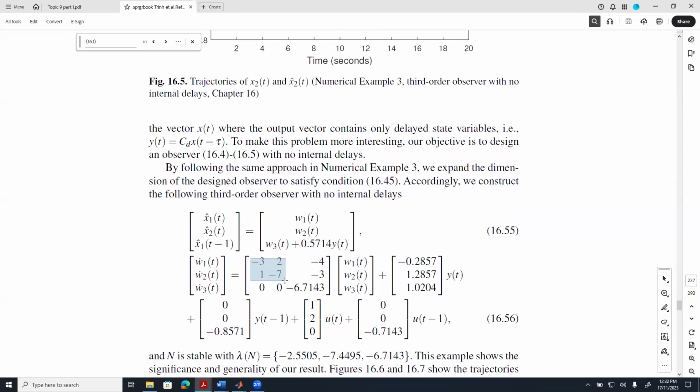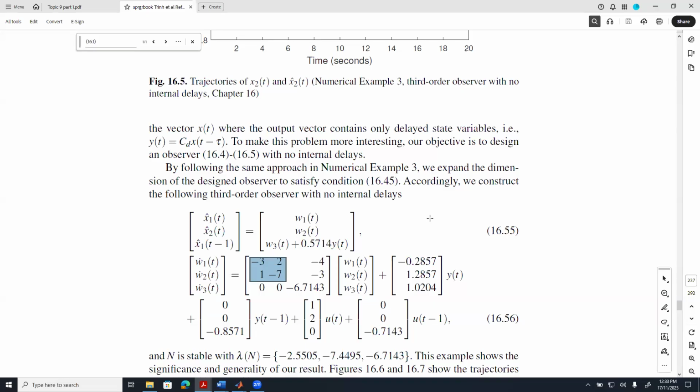Okay. And so it's important that matrix N should be stable, but we do not impose the requirement that the time delay system is a stable time delay system. How about that? So that means that we can actually estimate instantaneously the stack variables where we use delay output measurement.